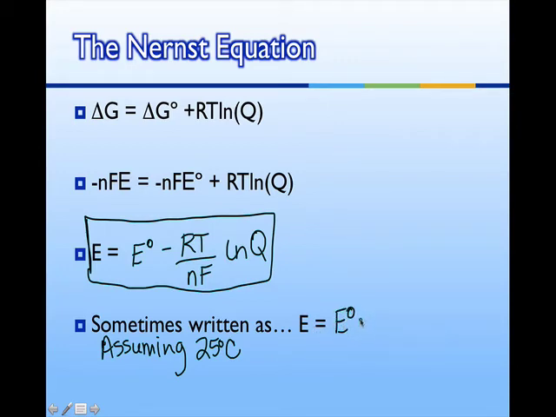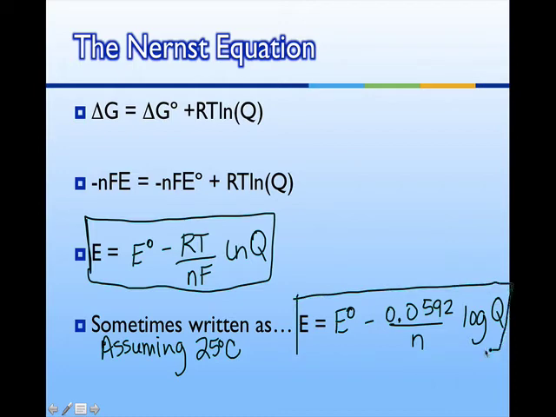So the cell potential at standard states minus 0.0592 over N, N being the number of moles from the balanced reaction, log of Q. And yes, this is log, not natural log. So these are the Nernst equations written 2 different ways, one this way, one that way. This is probably more common in what we use because it's usually at 25 degrees Celsius, so it's just faster. It's less you have to plug in if you use that guy.